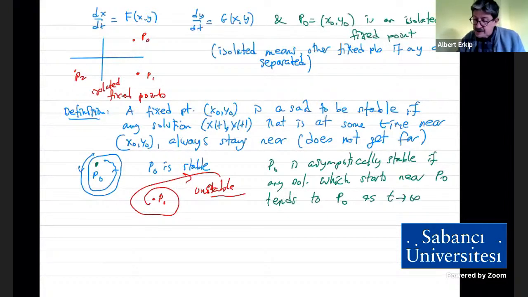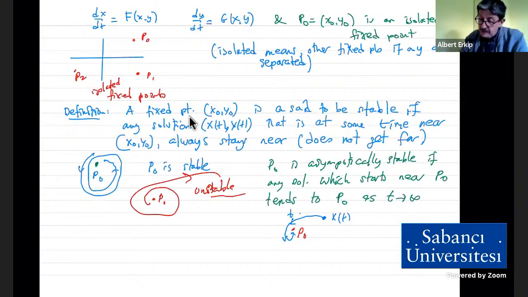So asymptotically stable is like this: this is P0, and you have a solution like this. This is x(t), and then x(t) has to approach P0. So two concepts, stable and asymptotically stable, and then unstable, of course, if it's not stable one way or the other.